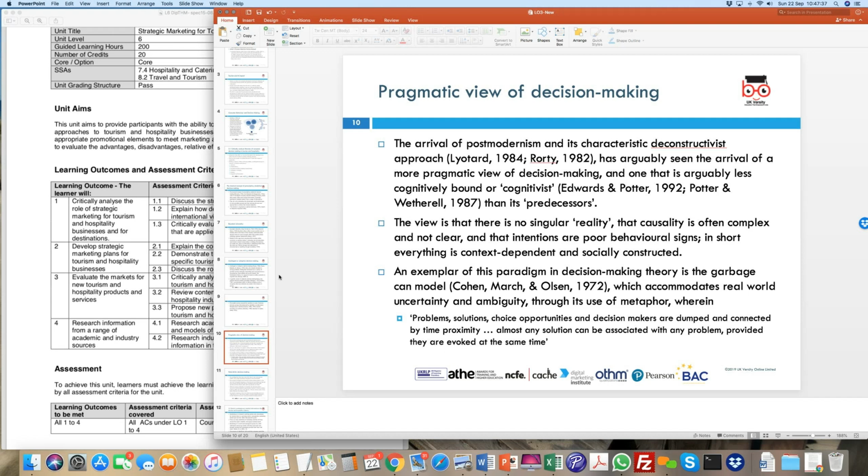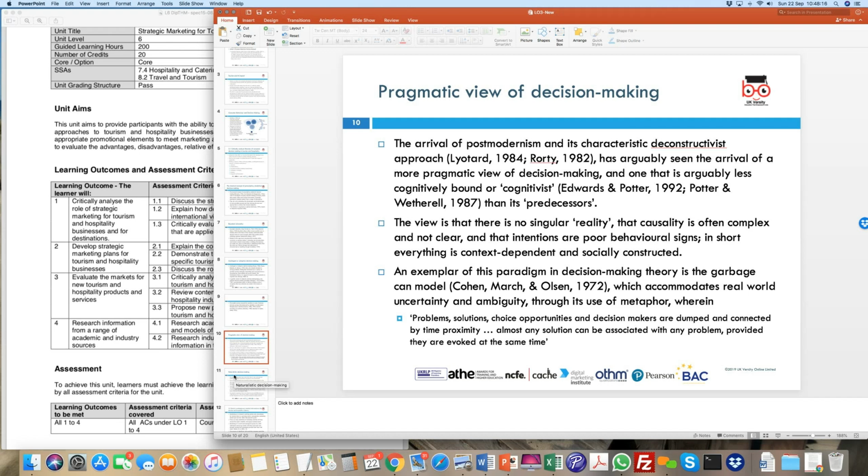So to a certain extent, what they propose is that if you put in variables or parameters which are not related to what is being discussed, and the context is not right, then you will get poor decisions, and in those cases you will need to accommodate what is called uncertainty and ambiguity when these kinds of decisions are taken with regard to, say, a tourist destination or booking a destination.